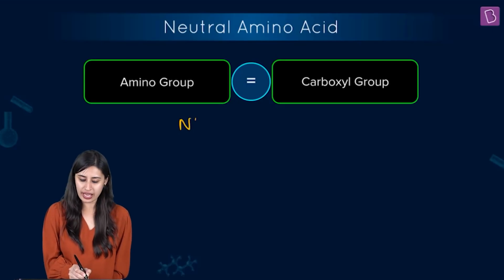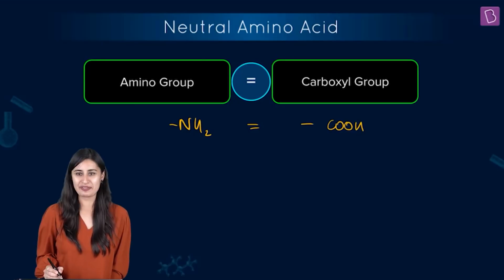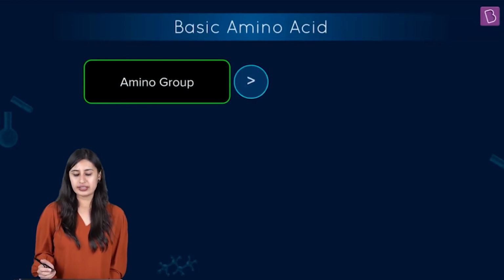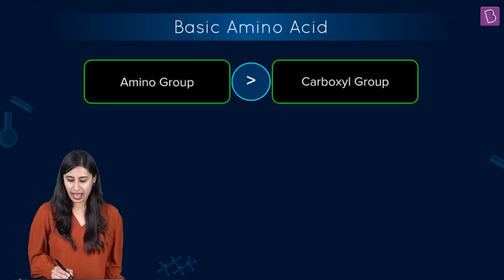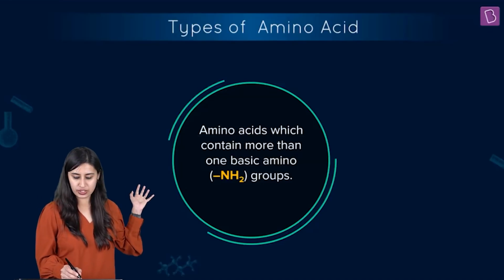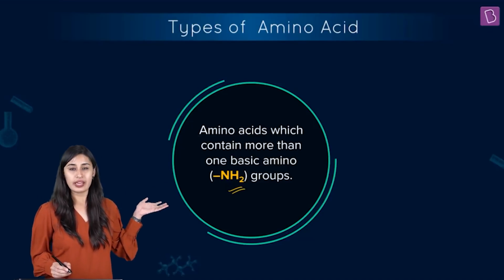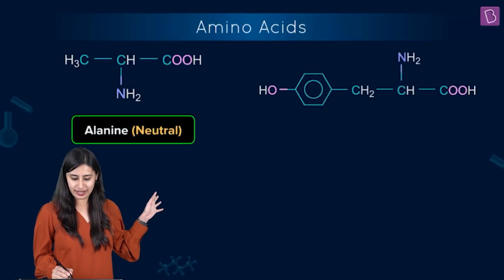The NH2 that we have should be equal to the number of COOH groups, right? The third one, the basic amino acids, needless to say, the amino groups will be more than the carboxyl groups, and hence amino acids which contain more than one basic NH2 group are going to be our basic amino acids.